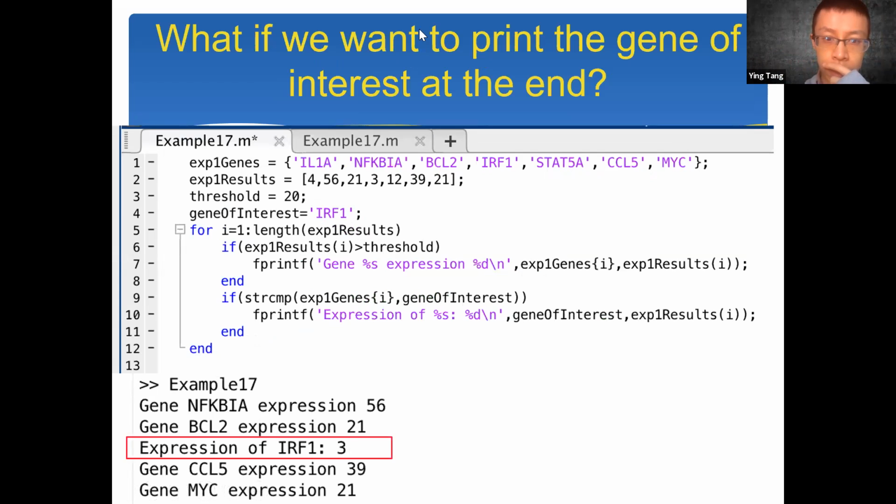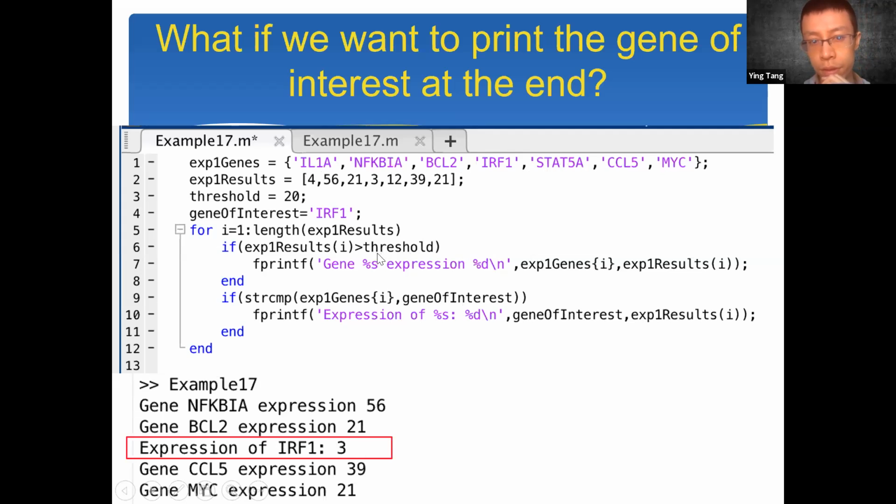Another related question is how to print out this gene at the end of this loop printing. Here it is printed in the middle. When I go through the gene list, I go one by one, from first, second, and then I reach IRF1 here, and I find it is my gene of interest and print it out. That's why it's printed in the middle, and then I keep going through the gene list.